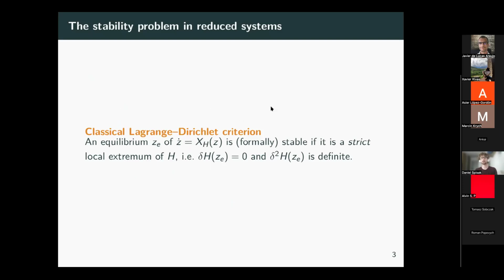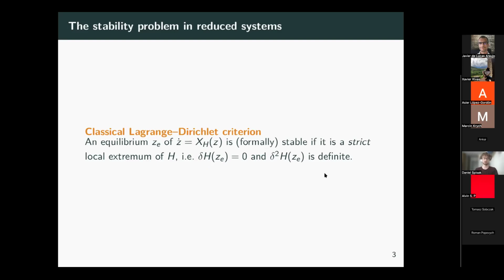Before the Energy-Casimir method, we usually used the classical Lagrange-Dirichlet criterion, which determines the stability of the equilibrium. If the first variation of the Hamiltonian at this equilibrium vanishes and the second variation is definite, then we call this equilibrium formally stable.